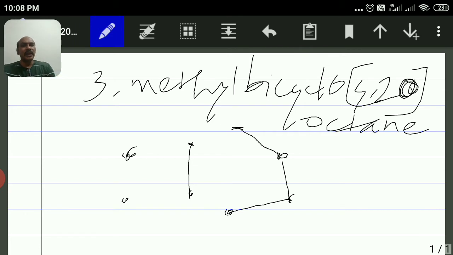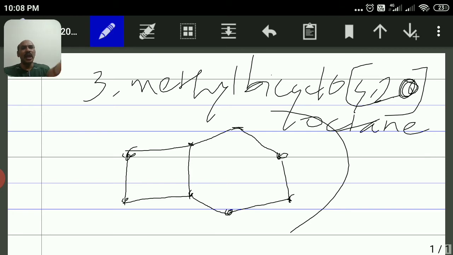Okay, and then take that to the two common carbon atoms, then the 2 dots together, and take that to the common carbon atoms. So it is a bicyclo compound having 4 carbon atoms, having 2 carbon atoms, and these 2 carbons are common carbons.